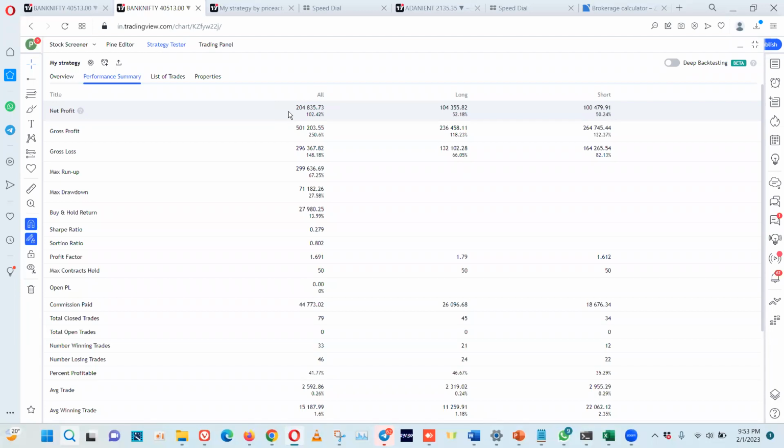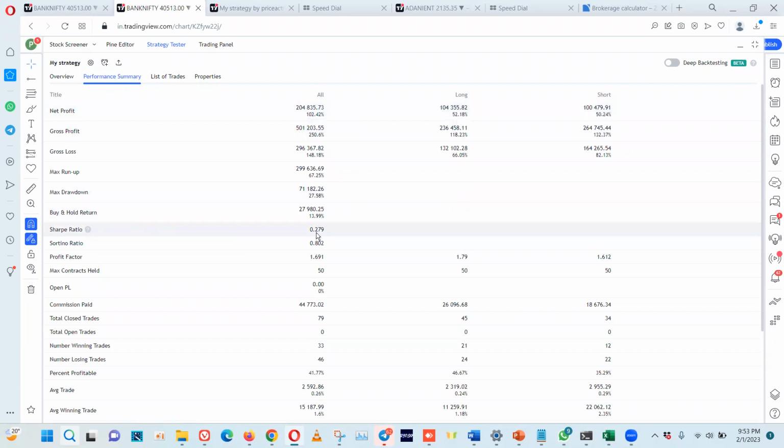It may be around 30% annualized return. Maybe more than that, because this is approximately 50% profit on 4 lakh capital.